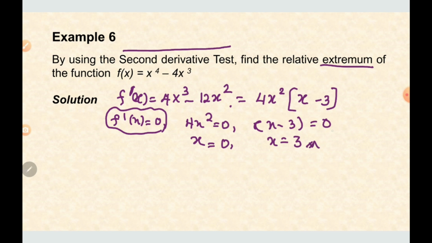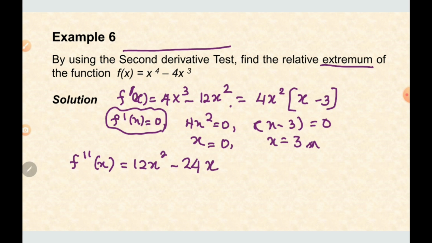Okay, so we need to do the second derivative. Differentiate one more time and you will get 12x squared minus 24x.